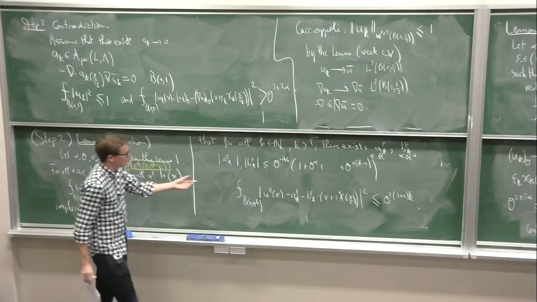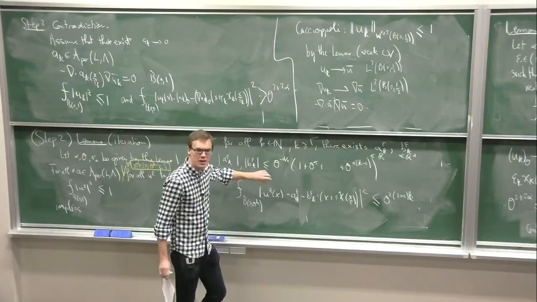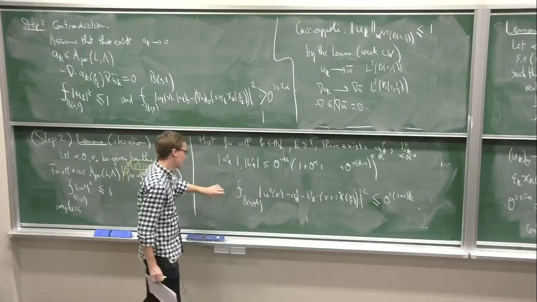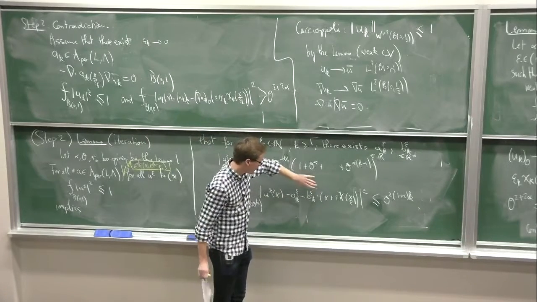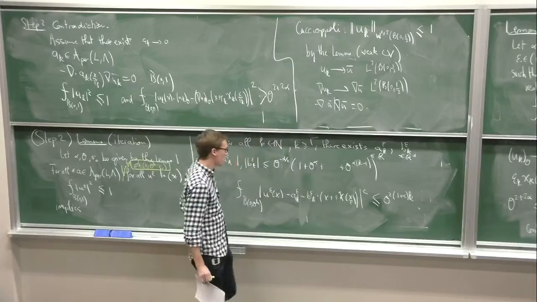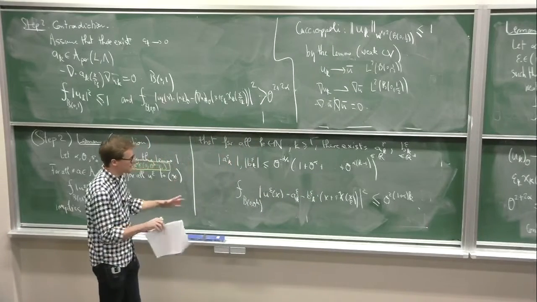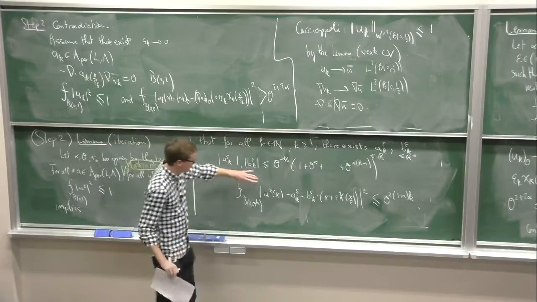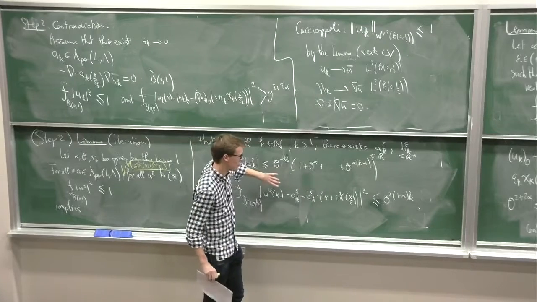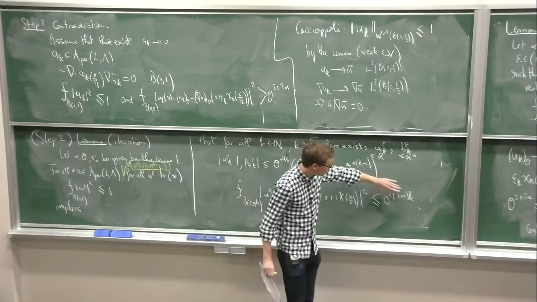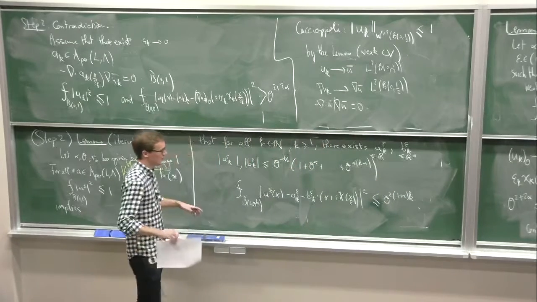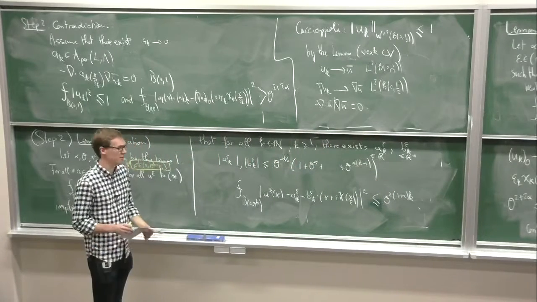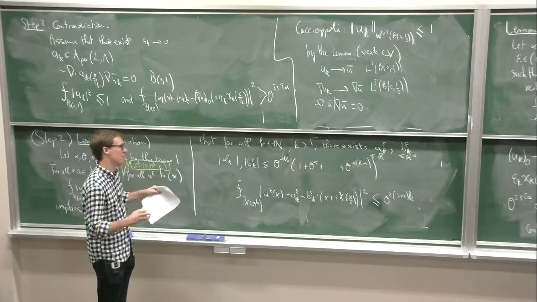So here we're comparing u epsilon, for epsilon sufficiently small, to a linear polynomial. And we are proving that this oscillation, this is some kind of measure of oscillation, goes to 0 very fast when k tends to infinity. So it goes to 0 very fast with k.